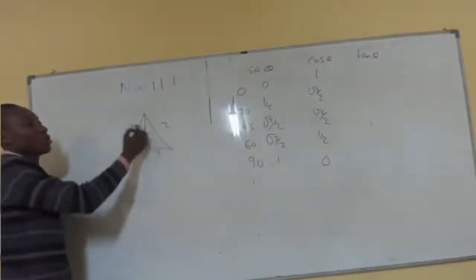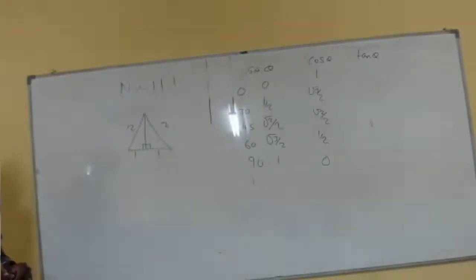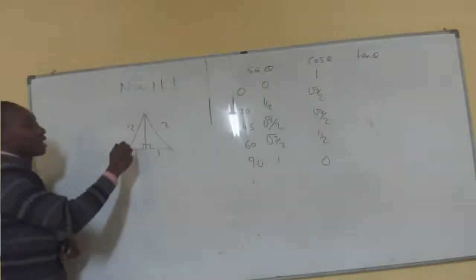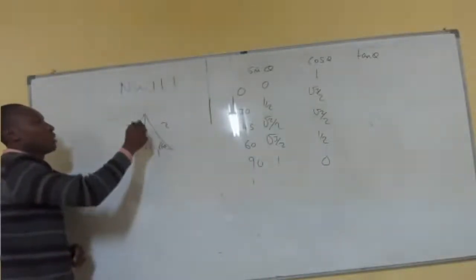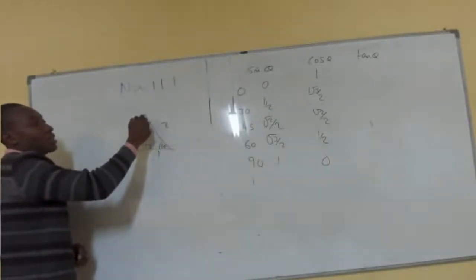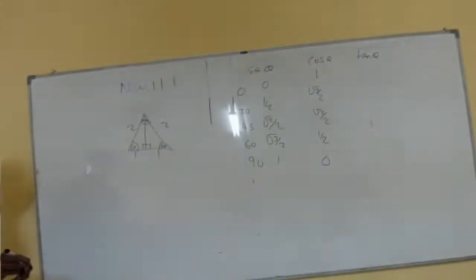Now the sum of all angles in the triangle should equal 360. So we actually have 60 here, 60 there, and 30 here and 30 here, because this is being cut in half.